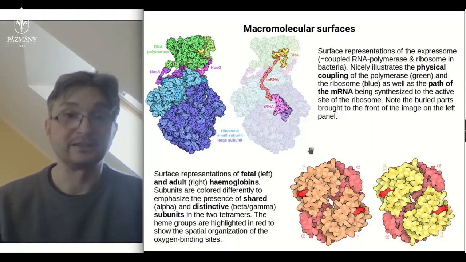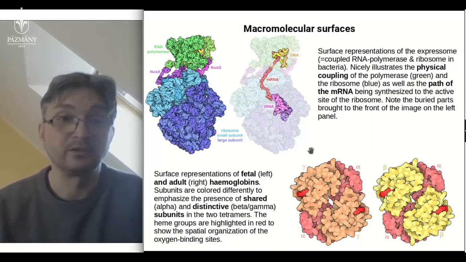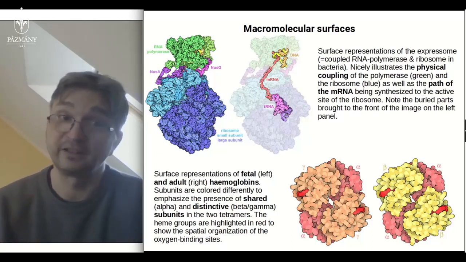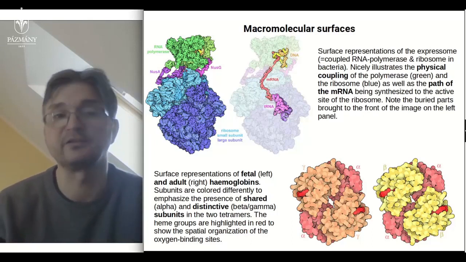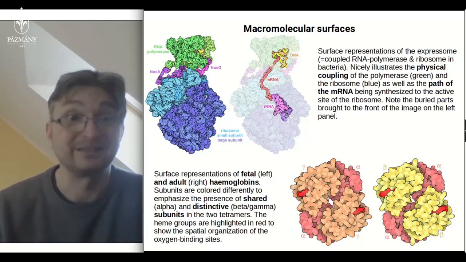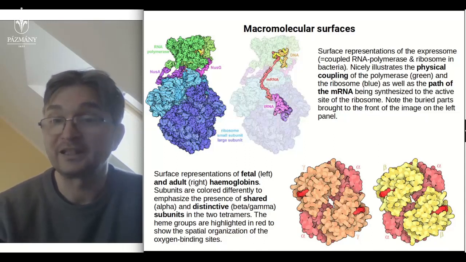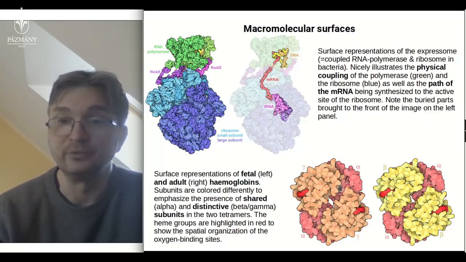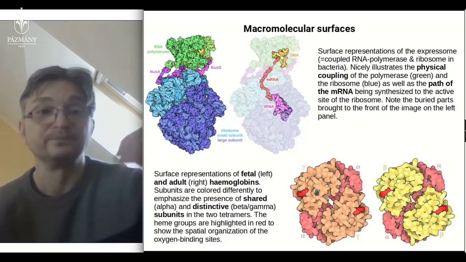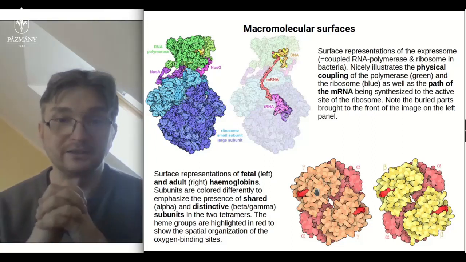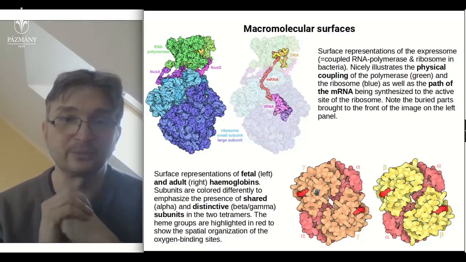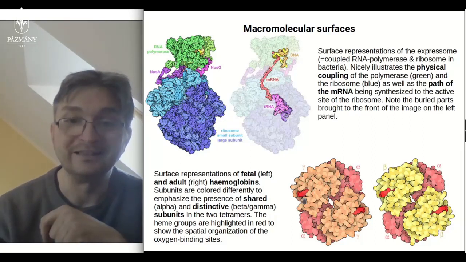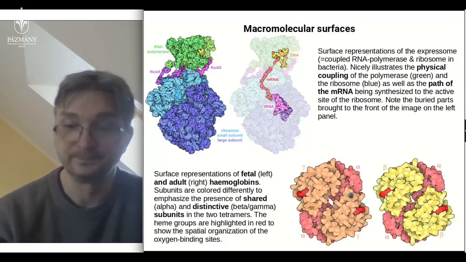It makes it possible that the fetus inside the womb can get oxygen from the blood of the mother, because the oxygen affinity of the fetal hemoglobin is different from the oxygen affinity of the parental or adult hemoglobin. You can see that the structures of these gamma and beta subunits are basically very similar. So it will be a very nice task to highlight the structural differences. Here the coloring shows the alpha subunit is the same and the other two subunits are different, and you can see the heme group here depicted in red.